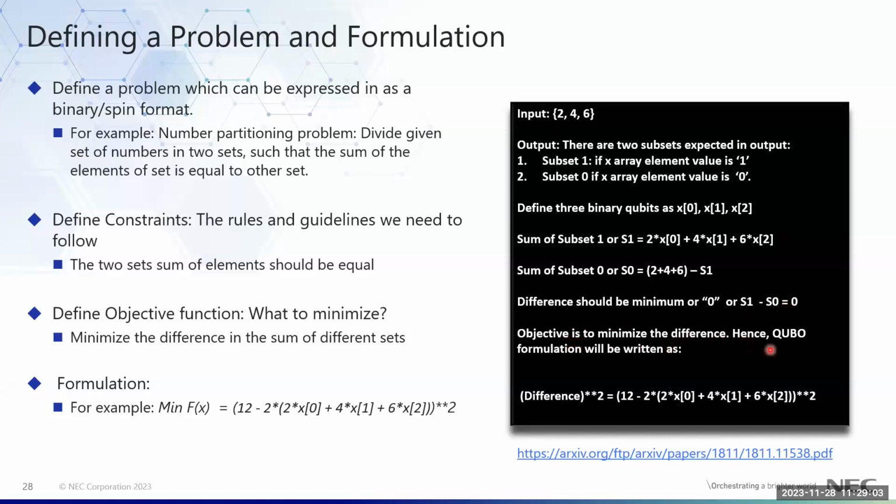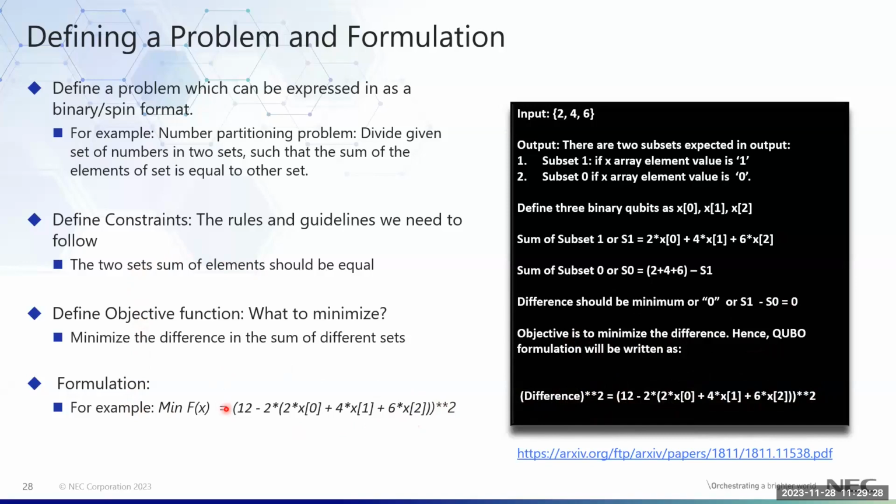So now we see that we have a QUBO formulated, where when you make it quadratic, you take the difference to the power 2, which is what you see here. This is your final QUBO. That is how we have been able to formulate our little number partitioning problem.